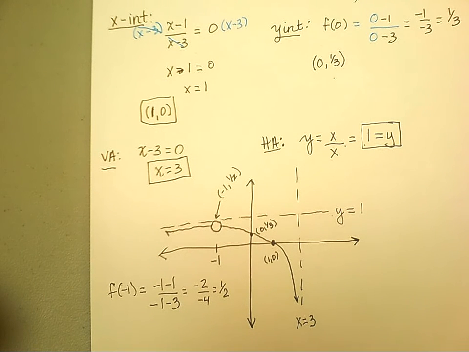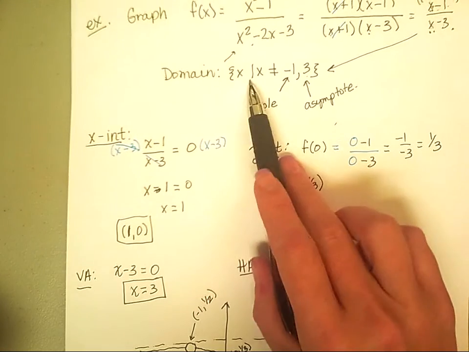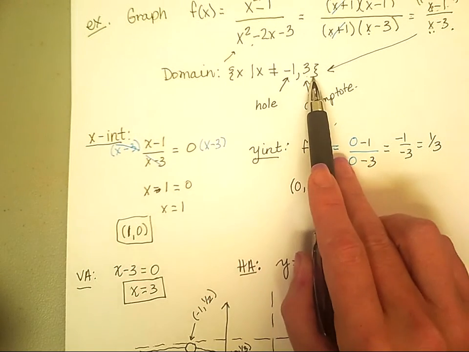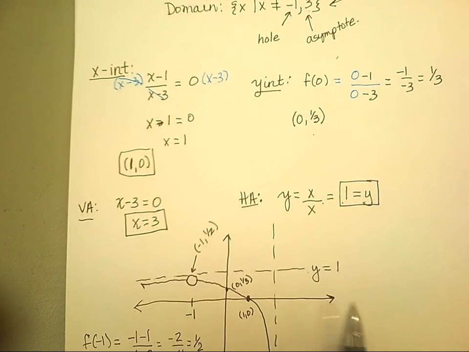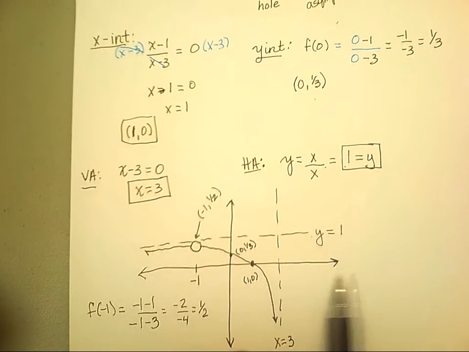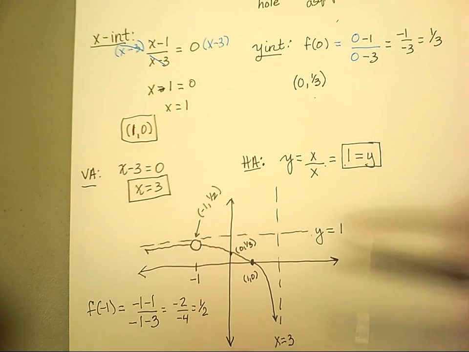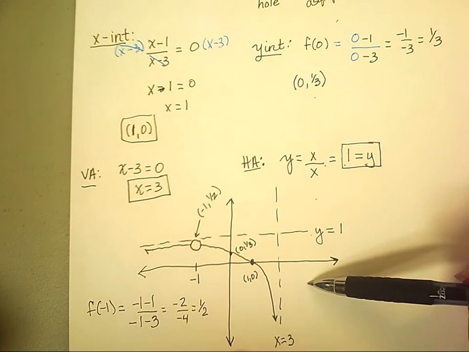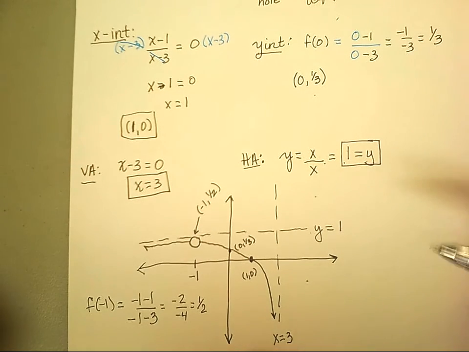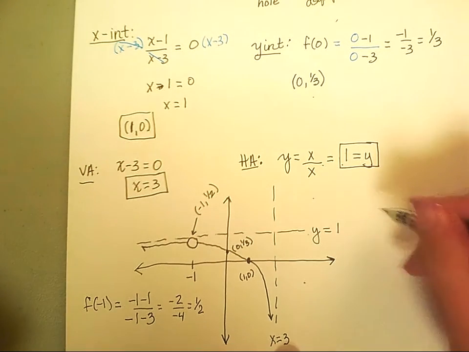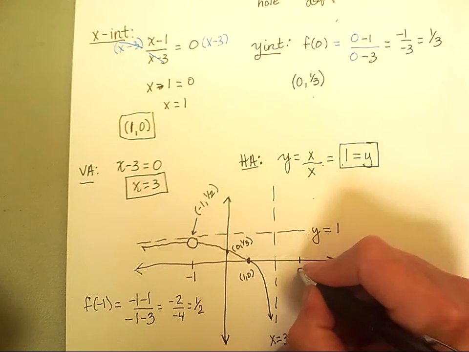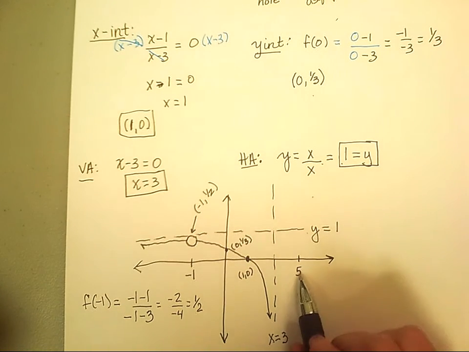Okay. Now, that's not all there is to the graph, okay? Because the domain is everything but this negative 1 and 3. Okay? So there is a graph on this side of 3. We just have to figure out, is it going to be up here or is it going to be down here? Okay? So to do that, again, we can use the reduced function. Let's pick some value, say 5.